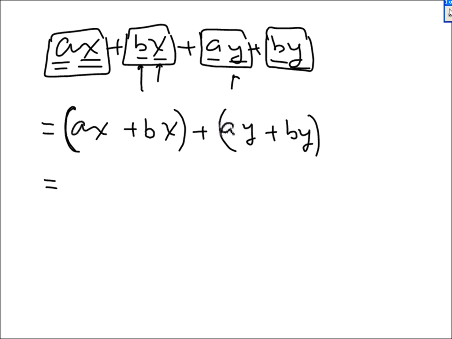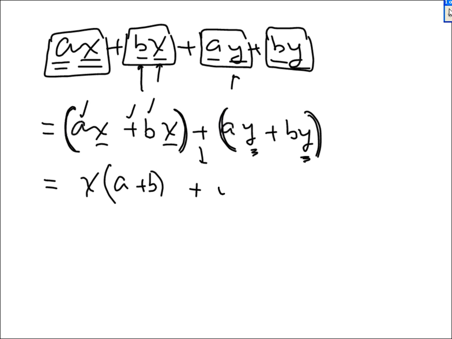This being the first grouping, and this being the second group. In the first group, you can pull out an x. And what's left over is what I didn't underline, namely a plus b. Plus. Here, I can pull out a y. That's common. And what's left over is a plus b.